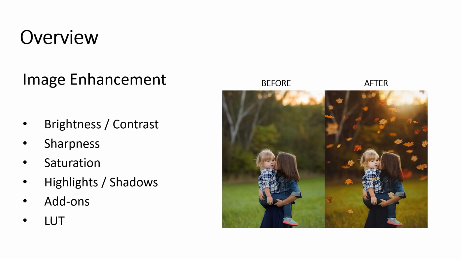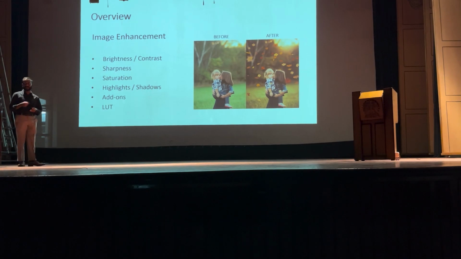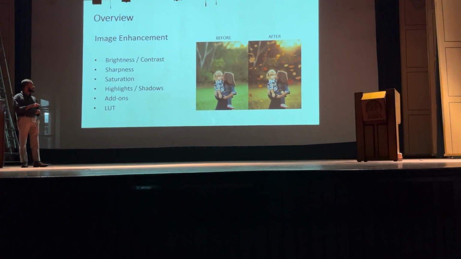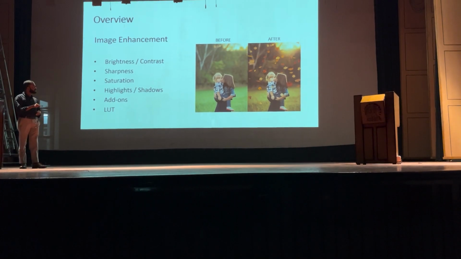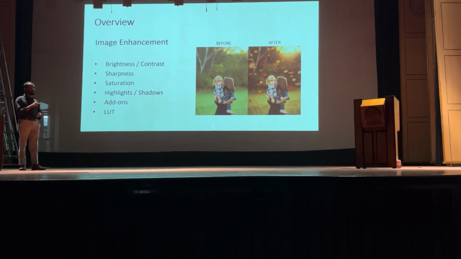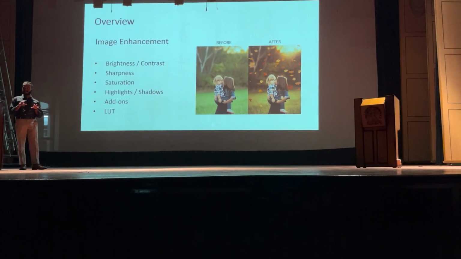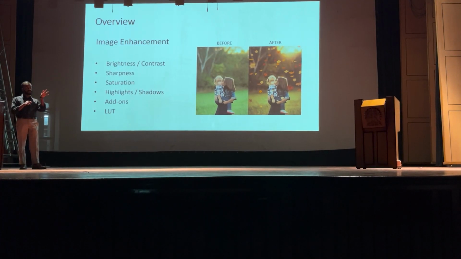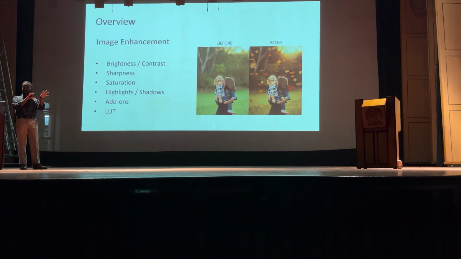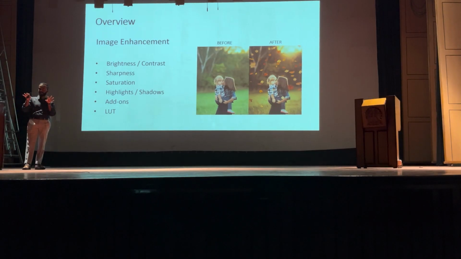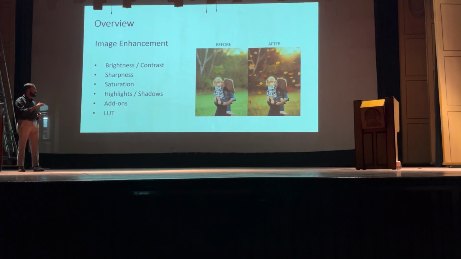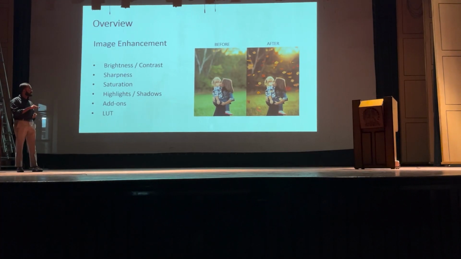And then you also have these LUTs. LUTs are nothing but lookup tables. What you have over here is a before image, and then the after image looks like it was taken out of a movie. It has a cinematic feel to it. So what you do is you map some pixels to a different pixel value, so that you get a really good color scheme over here, which looks cinematic.